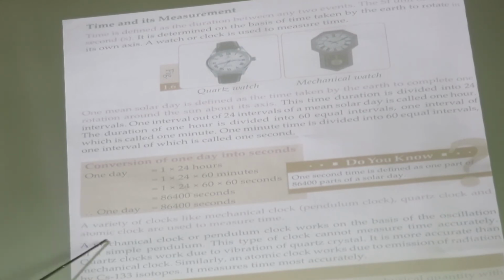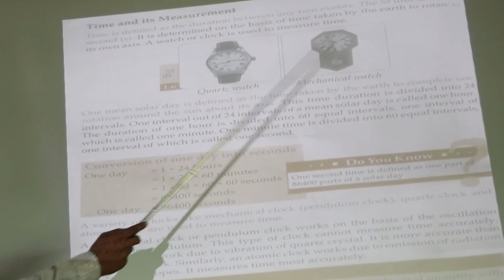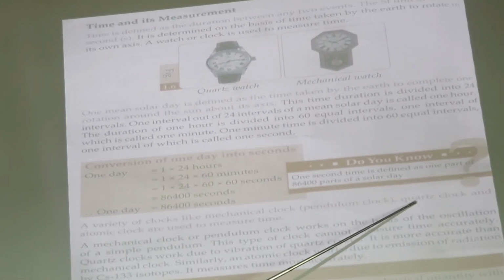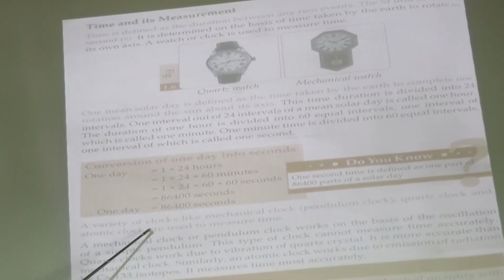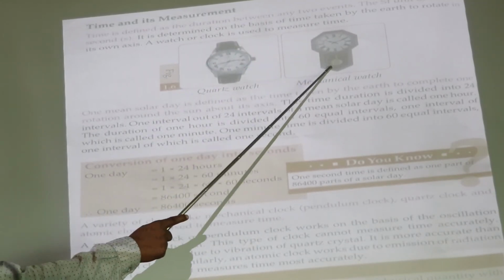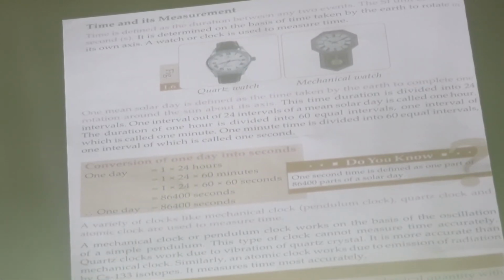Now, a variety of clocks, like the mechanical clock, which is also known as the pendulum clock, the quartz clock and the atomic clock, are used to measure time. A mechanical or pendulum clock works on the basis of the oscillation of a simple pendulum.